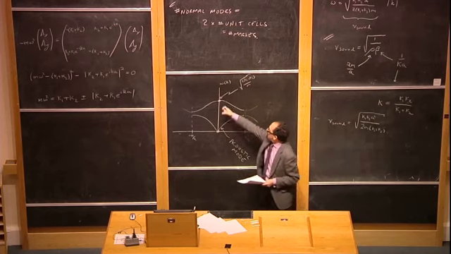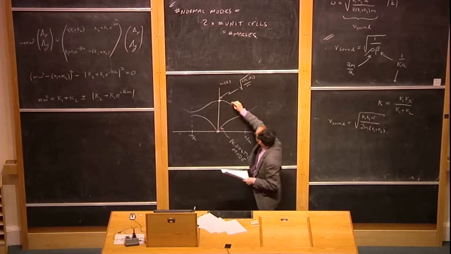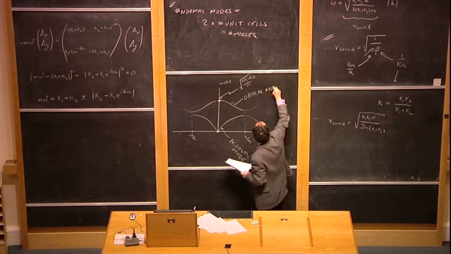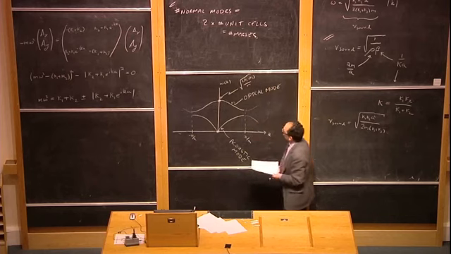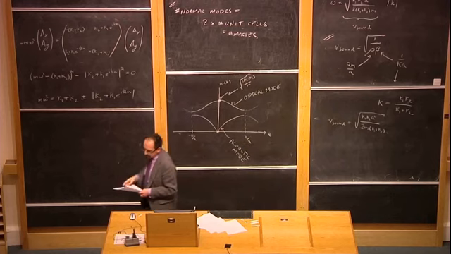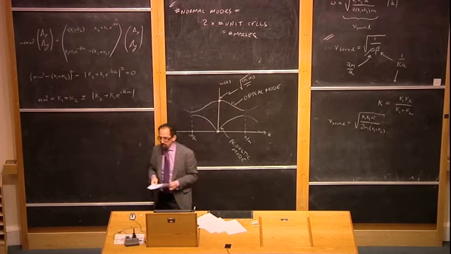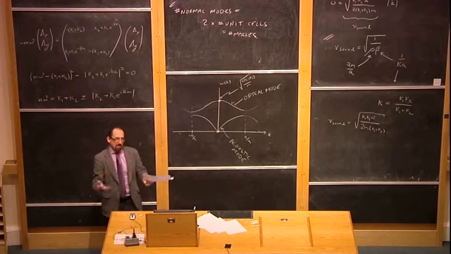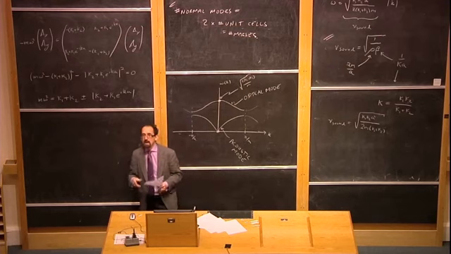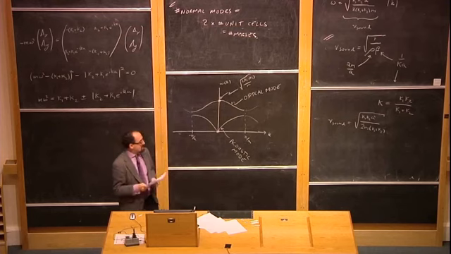Now let's talk about this mode up here. In comparison to the acoustic mode, this mode is known as the optical mode. High frequency mode at k equals 0. I should probably tell you why the name optical mode. The word optical mode comes from experiments on real materials when you shine light on the material and you induce vibrations by shining light on it.